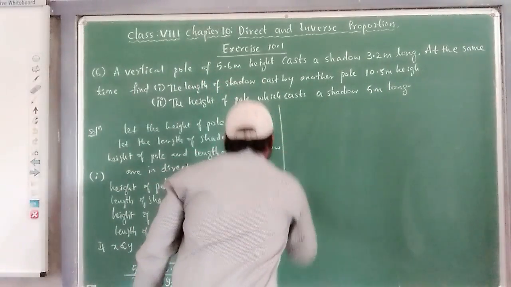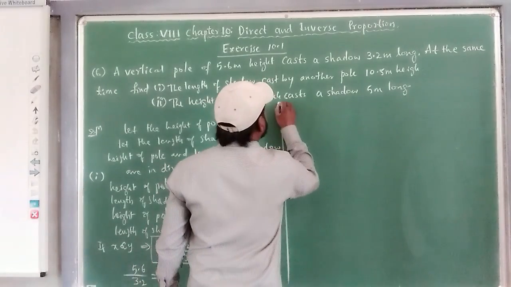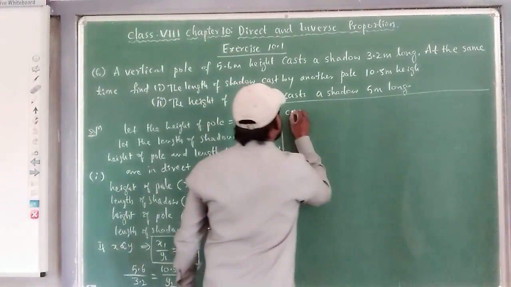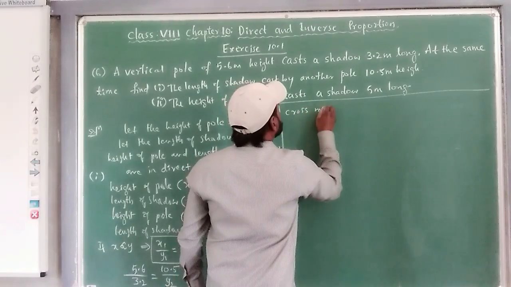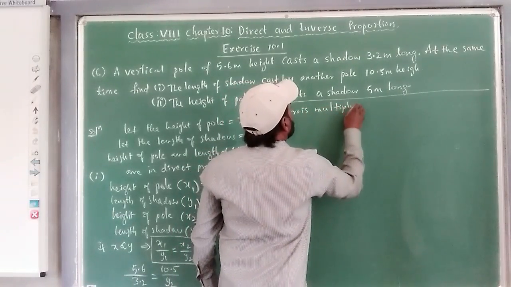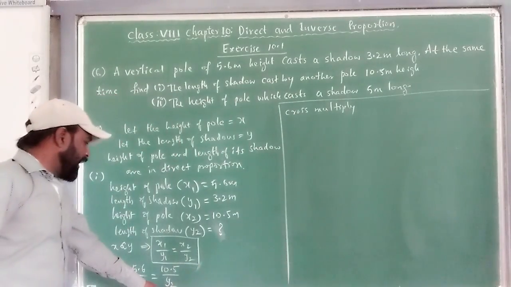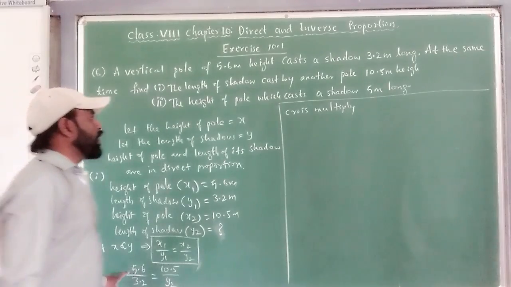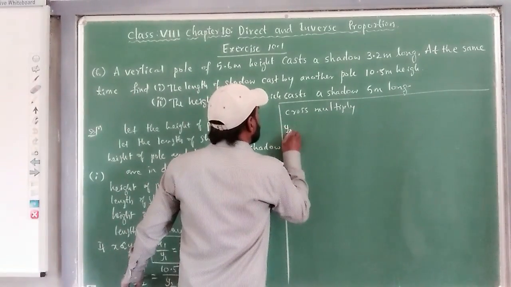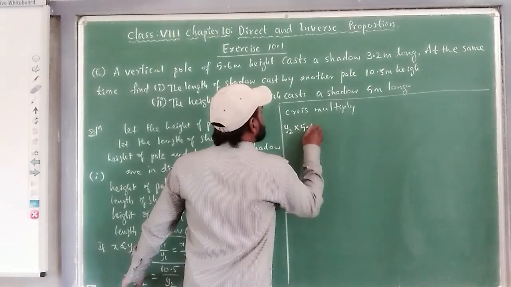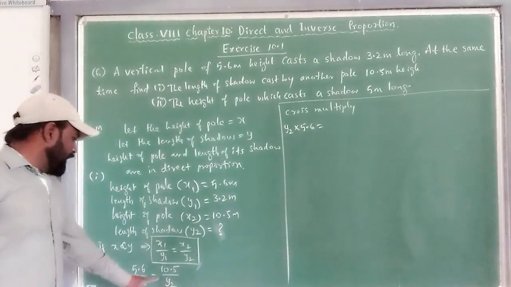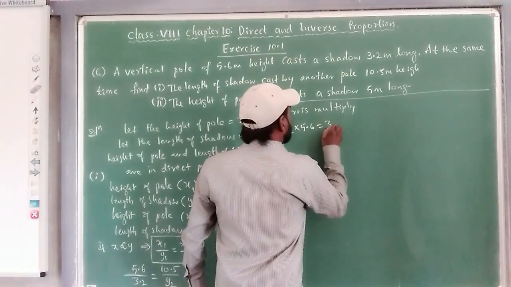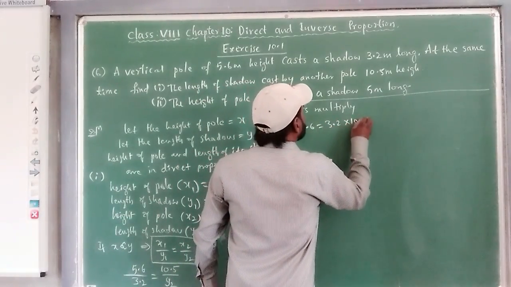When you cross multiply, y2 is what we are going to find, so keep this on the left side. y2 into 5.6 is equal to 3.2 into 10.5.